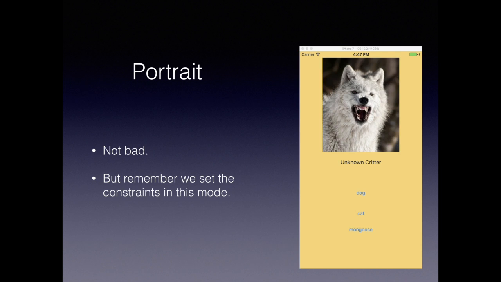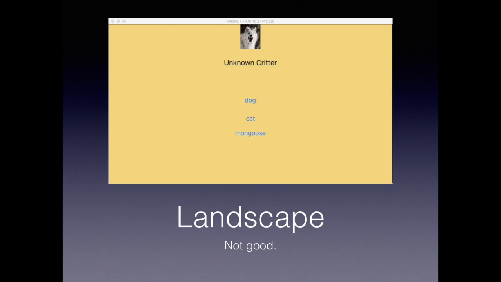But don't forget that the constraints were done while the view was in portrait mode. So the question is, how will it look if we flip this to landscape mode? What will happen? The best suggested constraints in the portrait mode won't work for the landscape mode. So this is where we need to really dig in a little deeper.